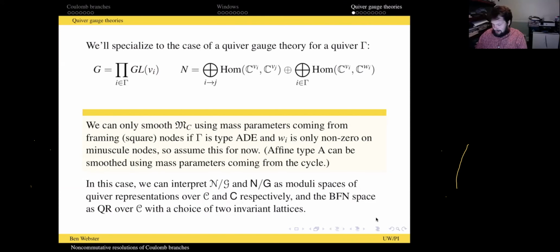So they have a nice moduli interpretation, and this BFN space is quiver representations over Laurent polynomials with a choice of two lattices that are invariant under all the quiver maps.